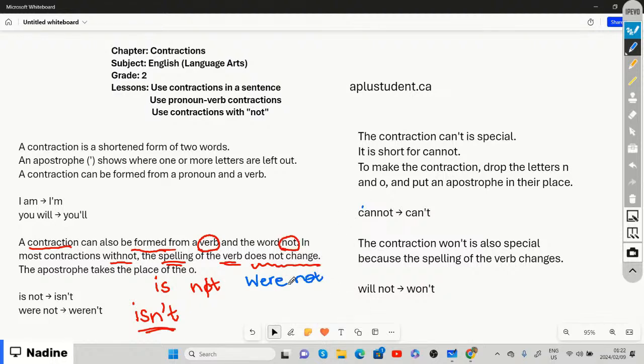If we shorten these two words, we bring down the were. We still bring down the not, but the only thing we're going to leave out is the O. So we bring down the N. We leave out the O, so we put the apostrophe in its place. And the T we bring down. So were not becomes weren't.